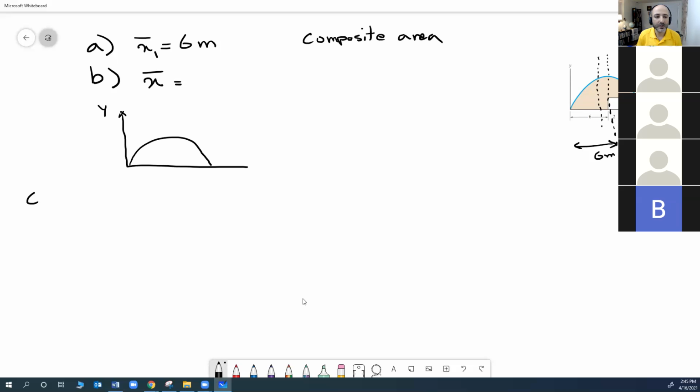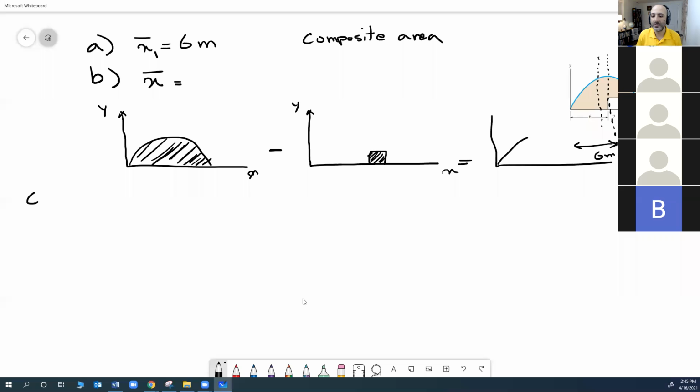A full area, and I deducted a little area from it. So this little square was deducted from this area. As a result, I'm getting the shape that you guys are seeing, right?